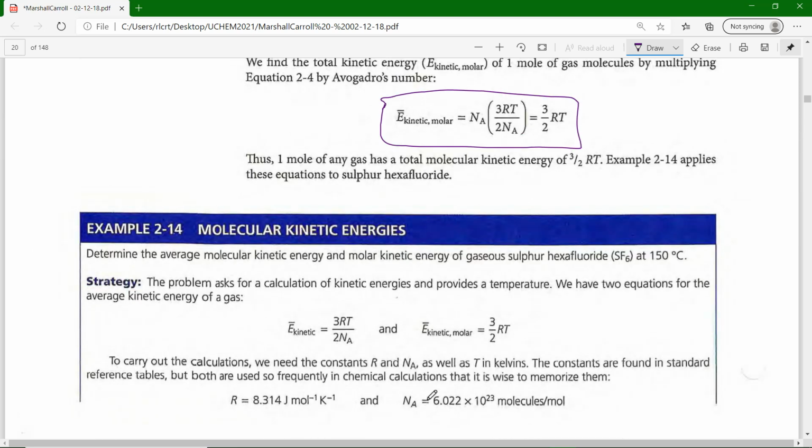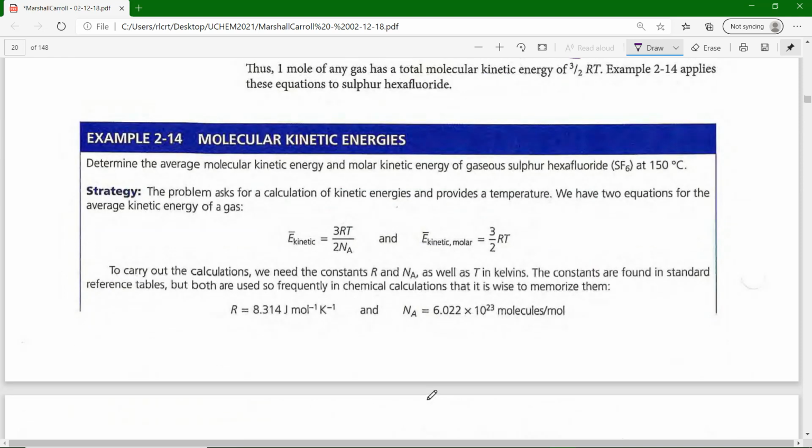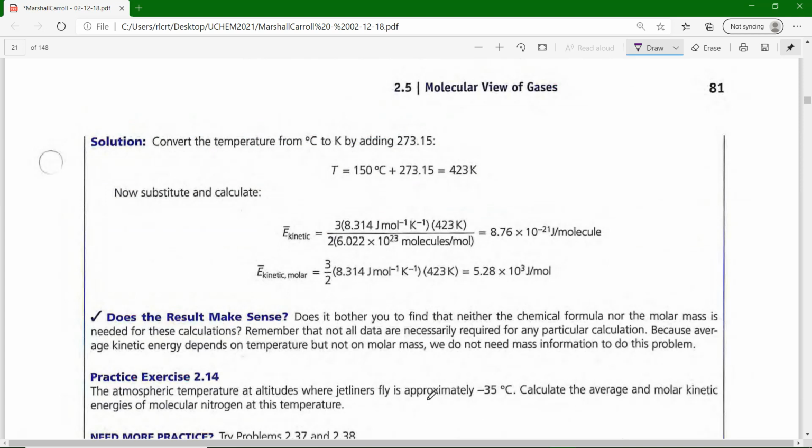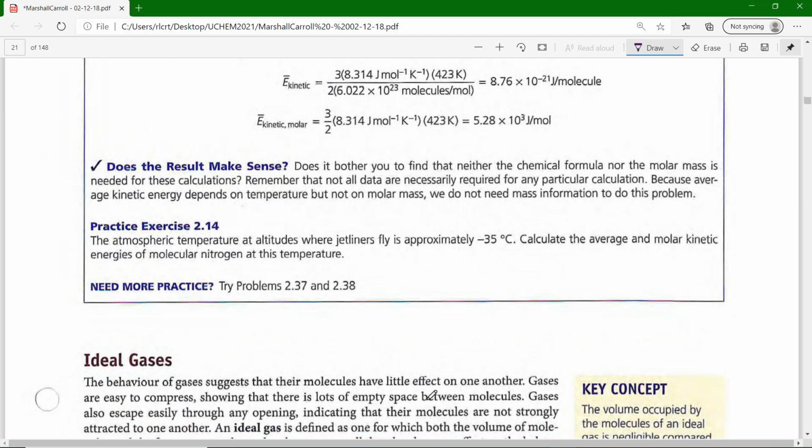Really, I'm not using sulfur hexafluoride. I'm not using the molar mass at all. So if I did another molecule, I'll be okay. Does it bother you to find that neither the chemical formula nor the molar mass is needed? Remember that not all data are necessarily required for any particular calculation, because average kinetic energy depends on temperature but not on molar mass. We do not need mass information to do this.